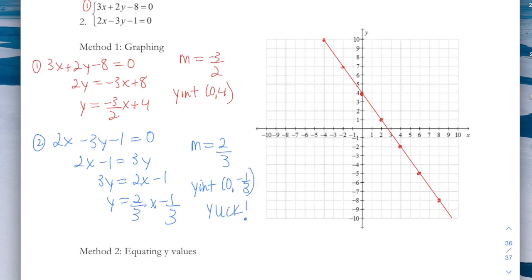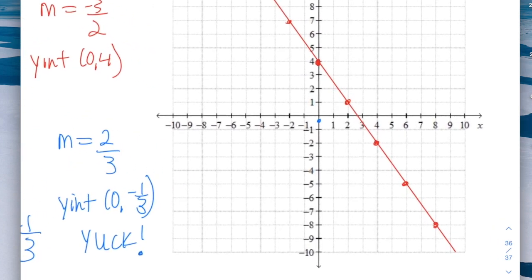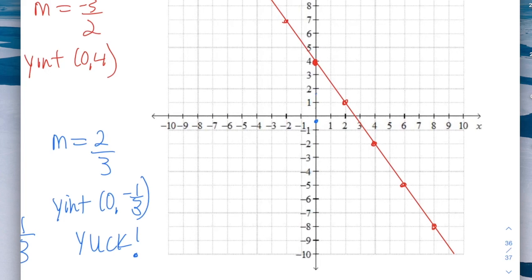All right, so what we'll notice right now is actually one of the drawbacks of using graphing to solve a system of equations. When I get really ugly coordinates, I have to be really careful when I go and plot these points. So I have to go up 2 and across 3. I have to be really, really careful.